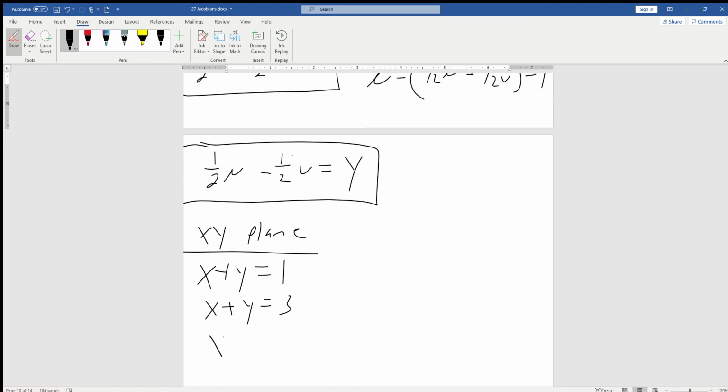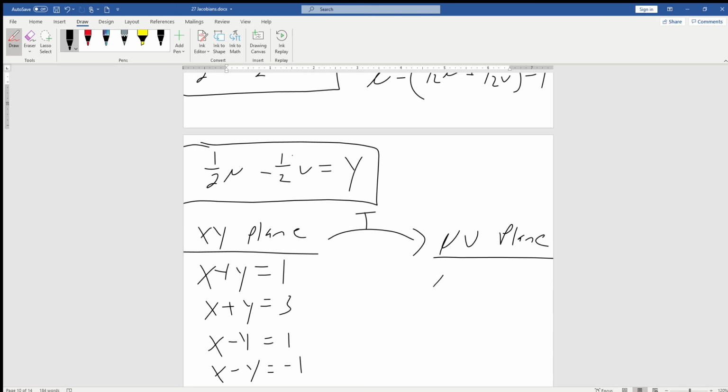We also had x minus y was 1 and x minus y was -1. And what we'd like to do is transform that into the uv plane. Remember that u was x plus y, so we get u equals 1 and u equals 3. We get that v equals 1 and v equals -1.